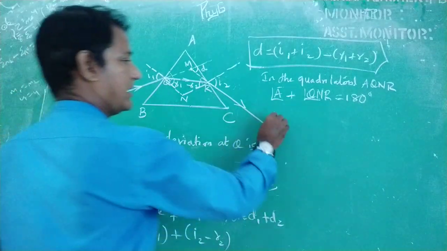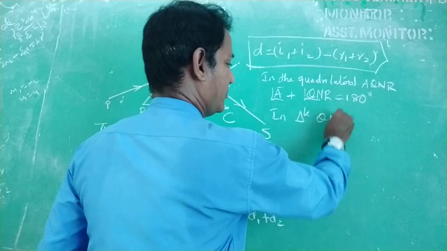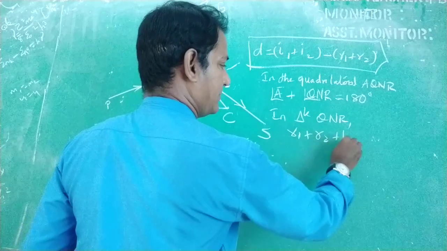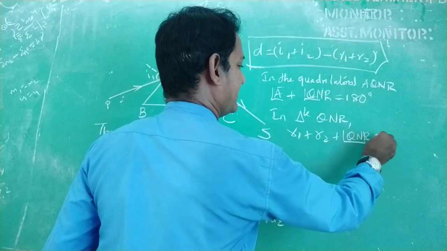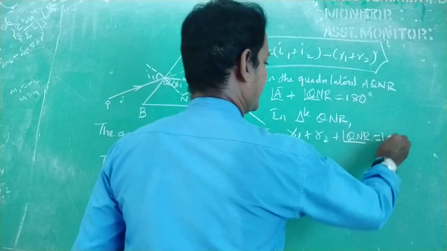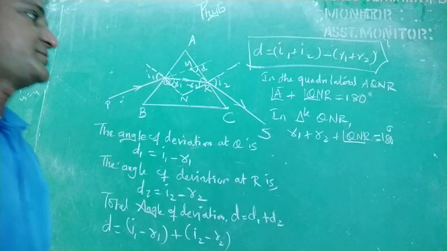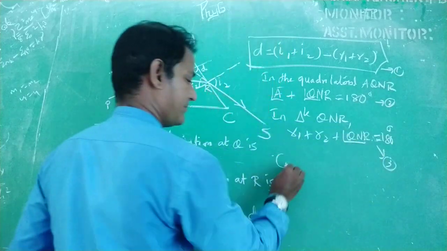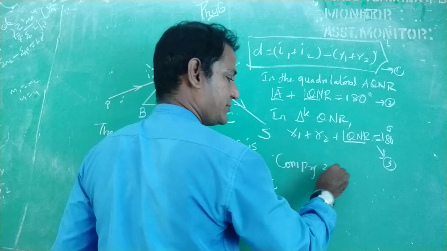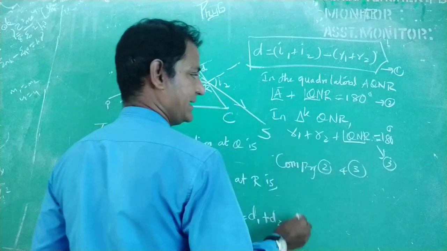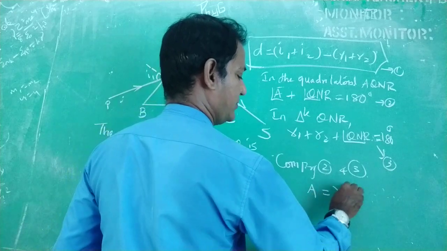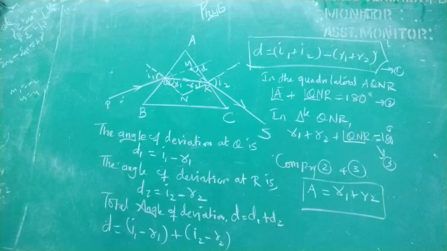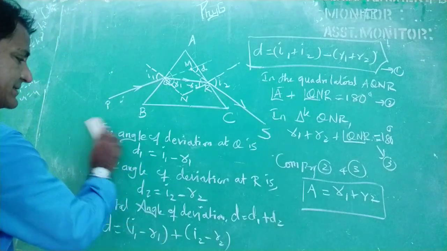In the triangle QNR, R1 plus R2 plus angle QNR is equal to 180 degree. If this is 2 and this is 3, comparing 2 and 3, we get A is equal to R1 plus R2. Right?